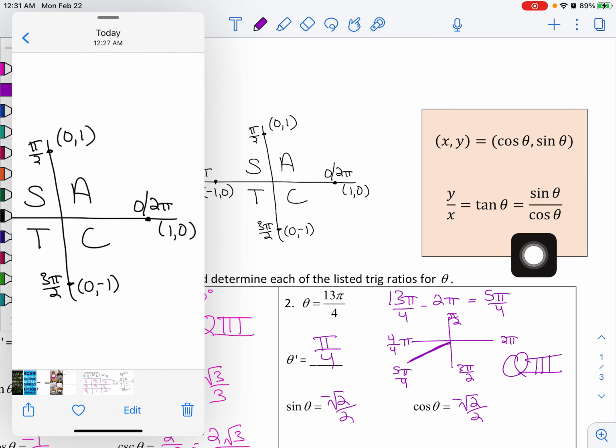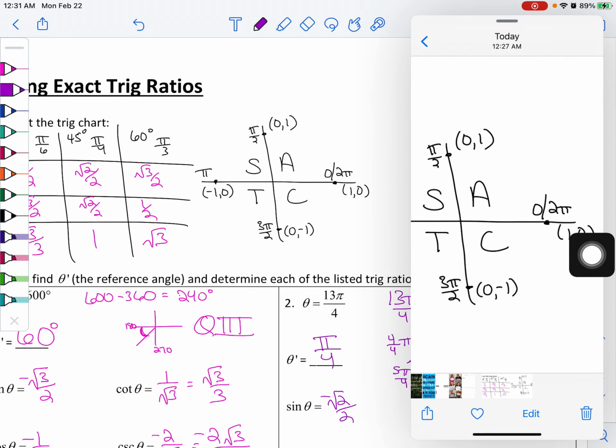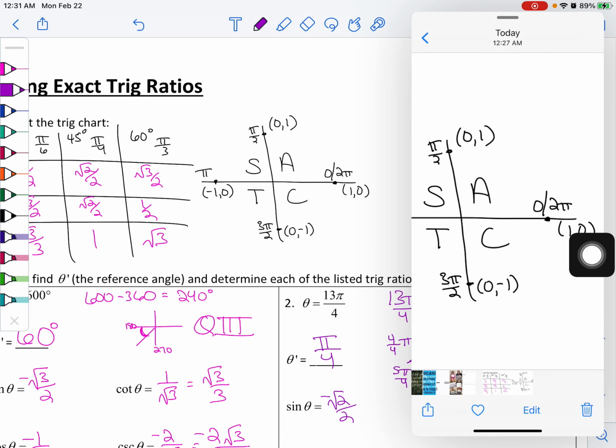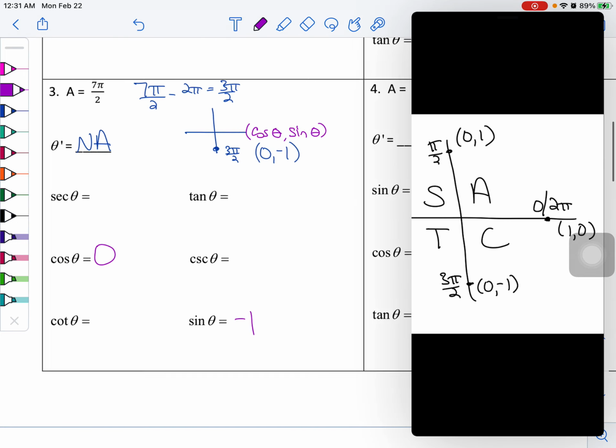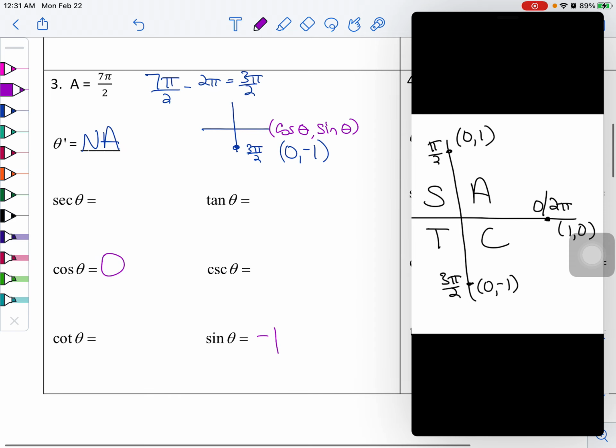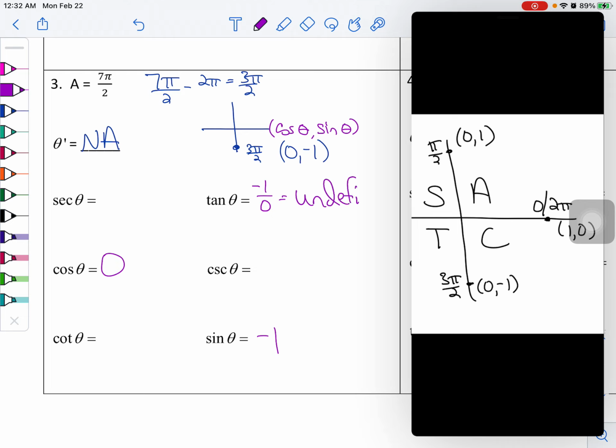This is the other piece of information we need to find tangent based off of sine and cosine. So tangent is my sine value divided by my cosine value: -1 over 0. Well, last time I checked, that's undefined because you can't divide by 0.